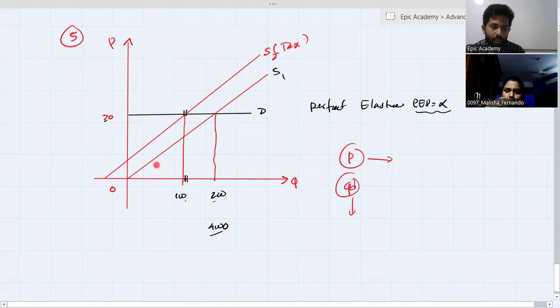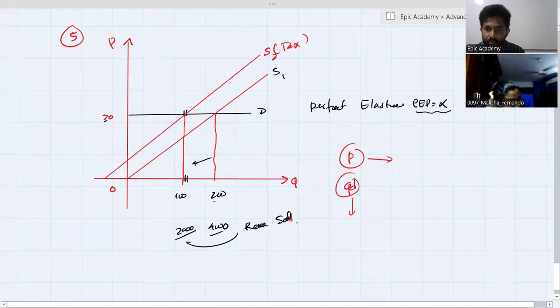But the quantity changes because of the tax, so it becomes 2,000. The revenue of the sellers reduced. So what happened to the expenditure of the consumer?